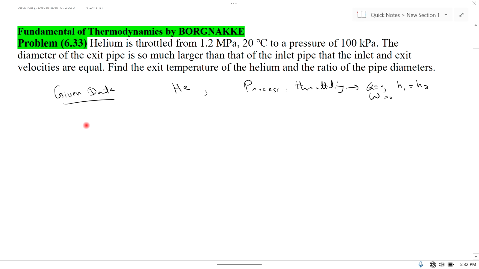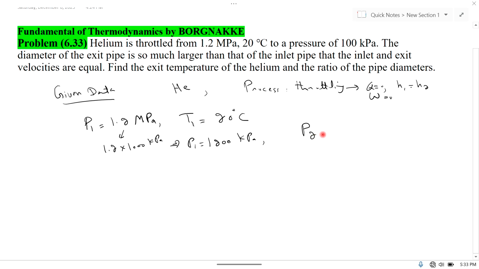The initial pressure is 1.2 megapascal and the initial temperature is 20 degrees centigrade. 1.2 megapascal is equal to 1.2 multiplied by 1000 kilopascal, so P1 is equal to 1200 kilopascal, to a pressure of 100 kilopascal, which means P2 is equal to 100 kilopascal.